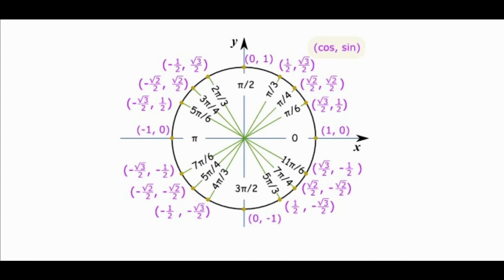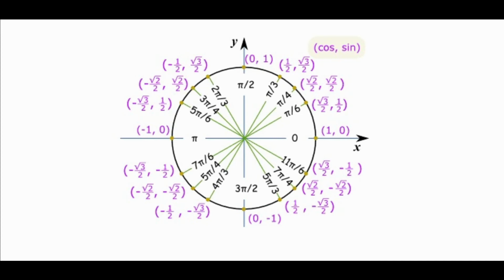For the second quadrant, you can find the 5 angles by subtracting the value of each of the important first quadrant angles from pi. For the third quadrant, you can find the 5 angles by adding the value of each of the important first quadrant angles to pi. For the fourth quadrant, you can find the 5 angles by subtracting the value of each of the important first quadrant angles from 2 pi.